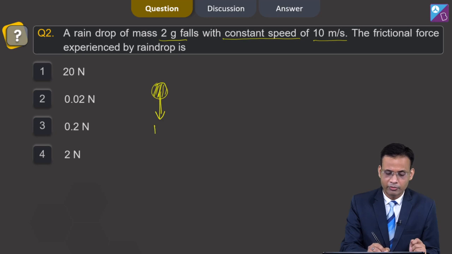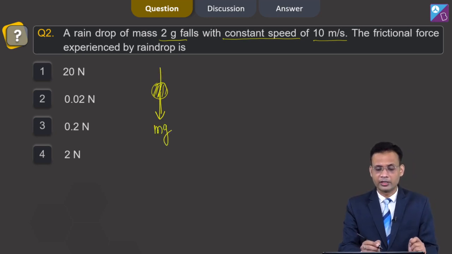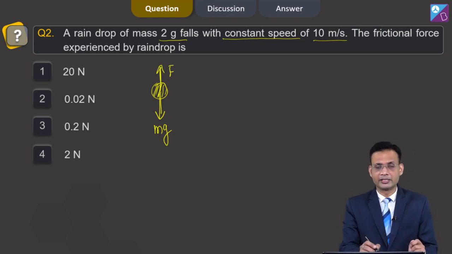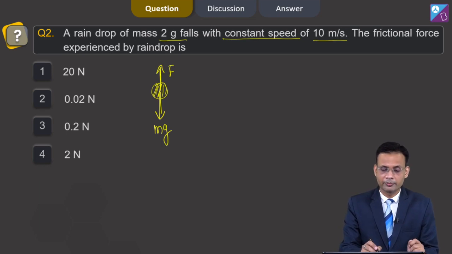One is acting in the downward direction, which is the weight of the raindrop, and another one is the frictional force, which is acting in the upward direction. As it is given in our question that the raindrop moves with constant speed, that means force F is equal to mg. Now substitute these values.